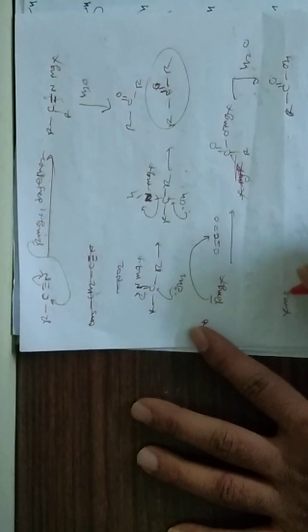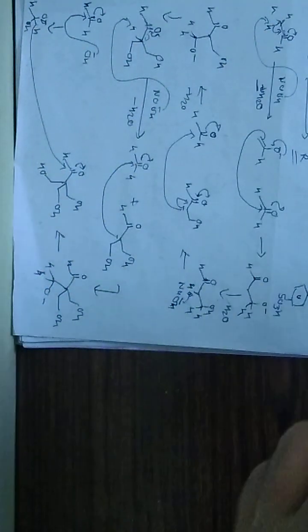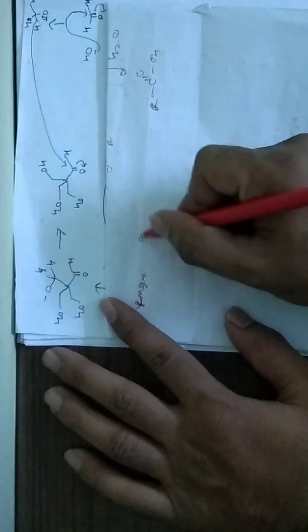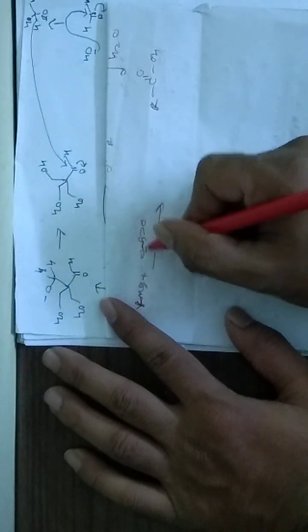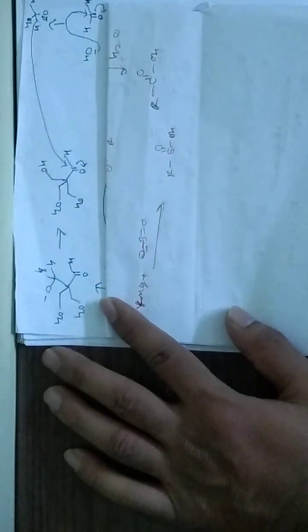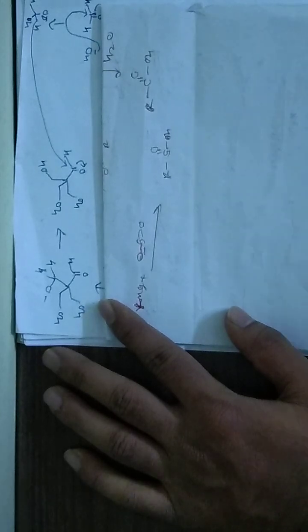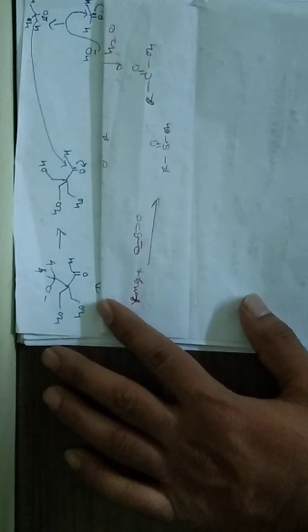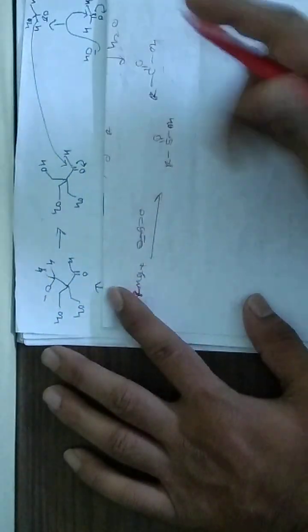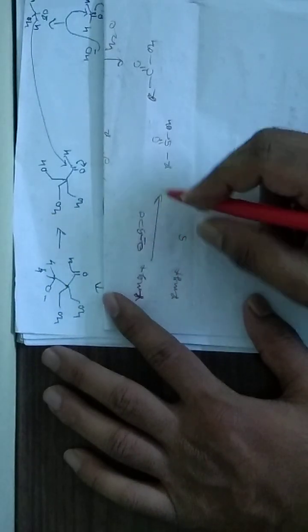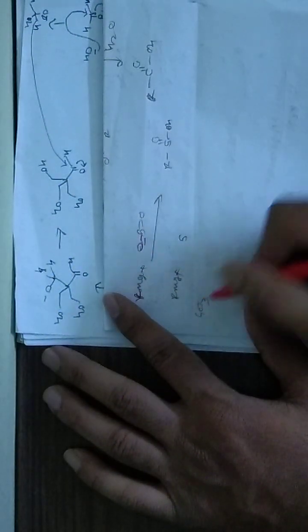If we react RMgX with sulfur dioxide, S double bond O is similar to carbon dioxide, it will also form sulfonic acid. Now if we react RMgX with sulfur trioxide, that means SO3, what is sulfur trioxide?